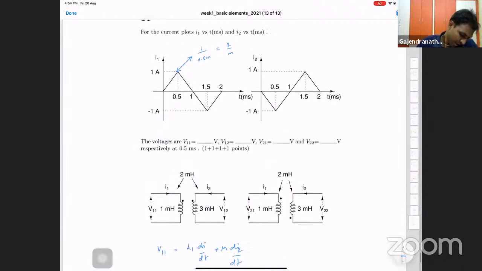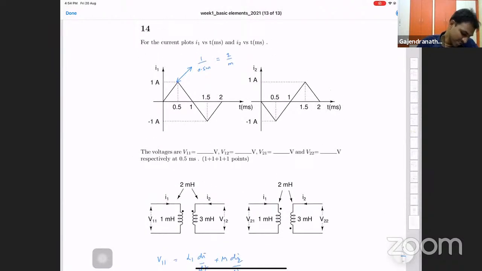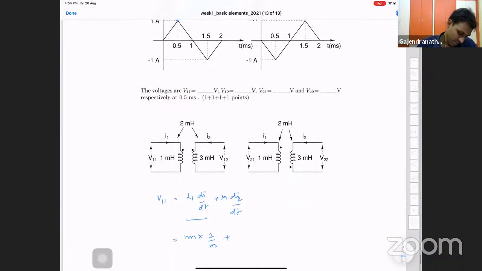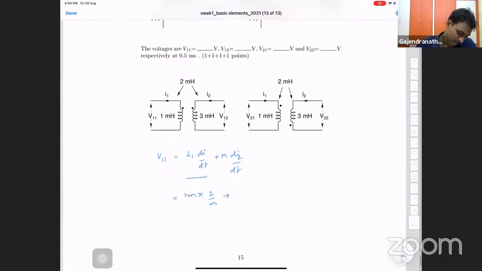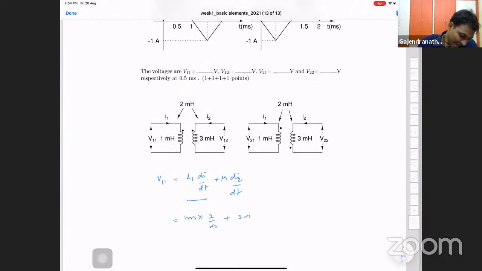This is the current going in the primary side. So L times di by dt I have done. Now, along with this, I have to put M times di by dt also. M is 2 milli. But the trick here is, if the current is entering into the dotted terminal, you will get a plus terminal, so this term will add with this term.